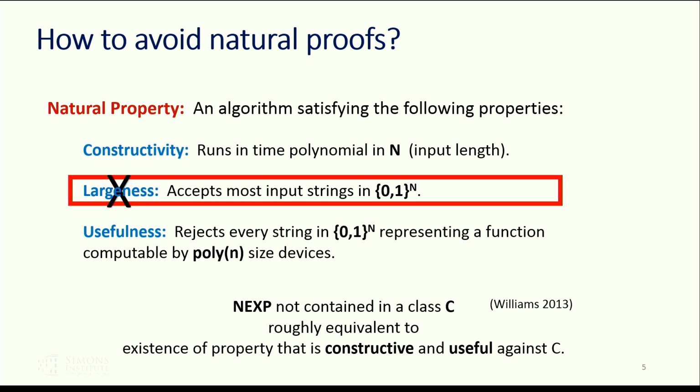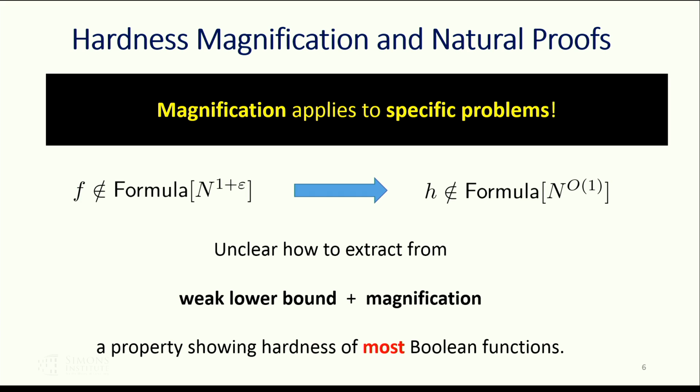Now, how does hardness magnification seem to avoid the largeness condition? The point is that the magnification approach applies to very specific problems. From a barely superlinear lower bound for a function f, we get a superpolynomial lower bound for a function h that is very dependent on f.